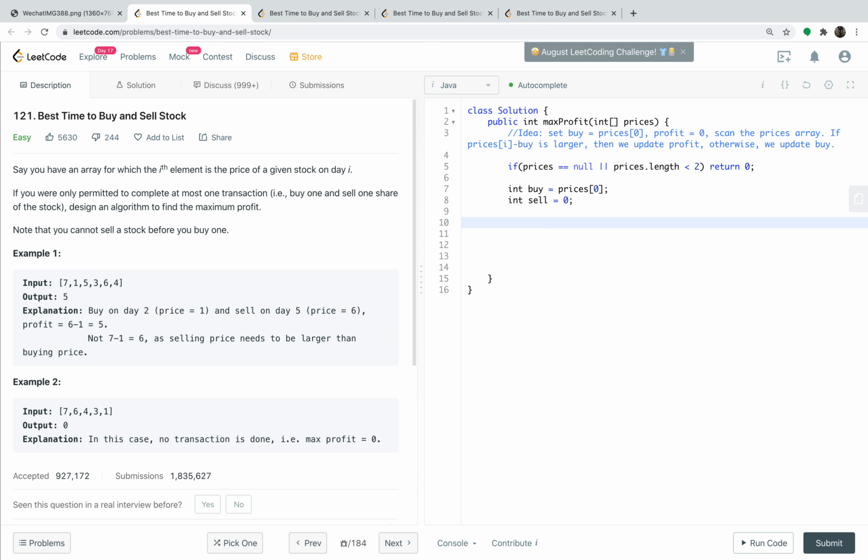So our goal is to find what the maximum sale is.